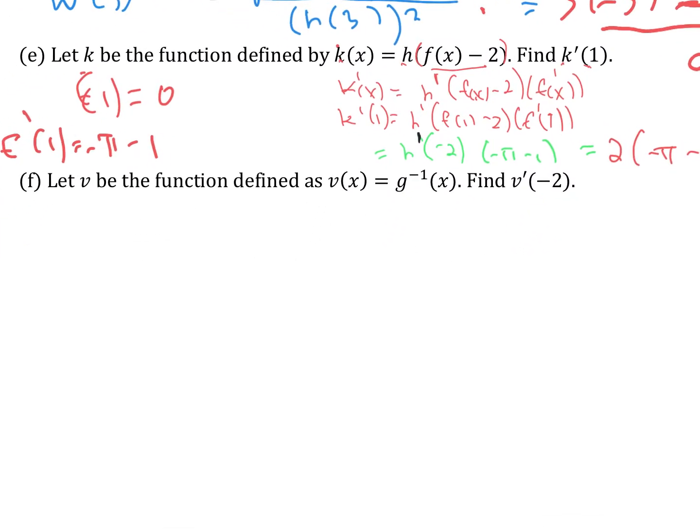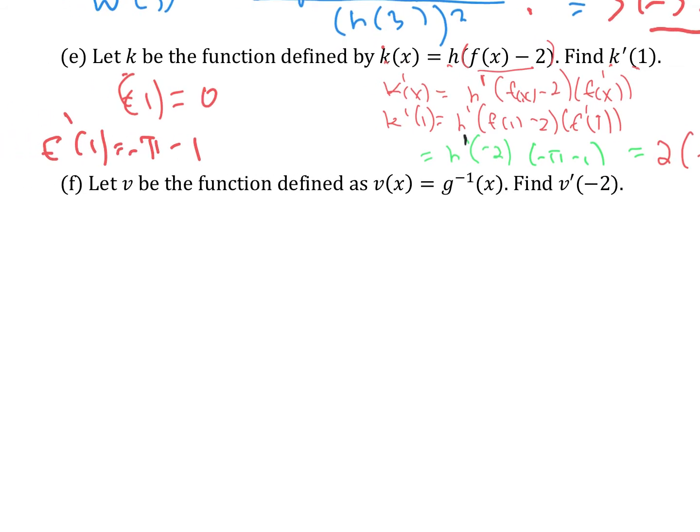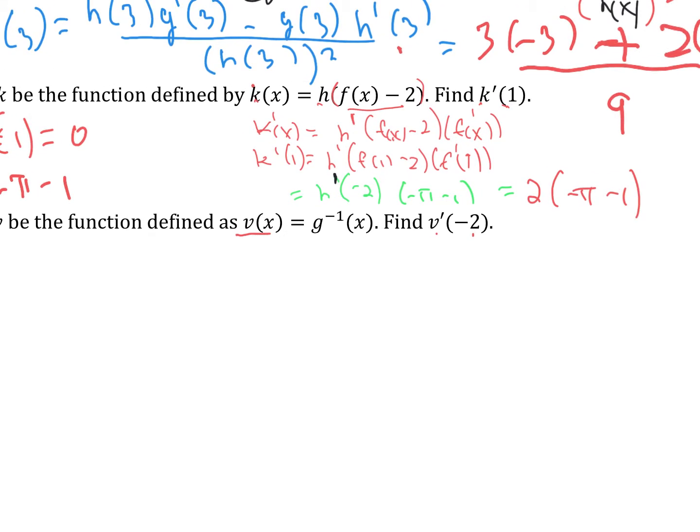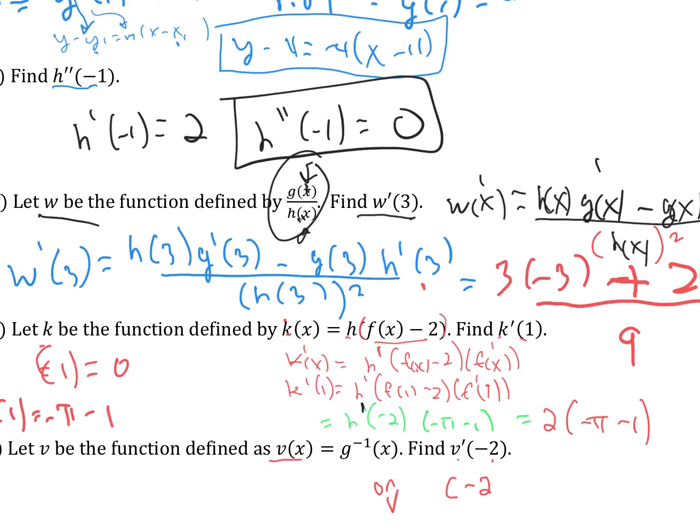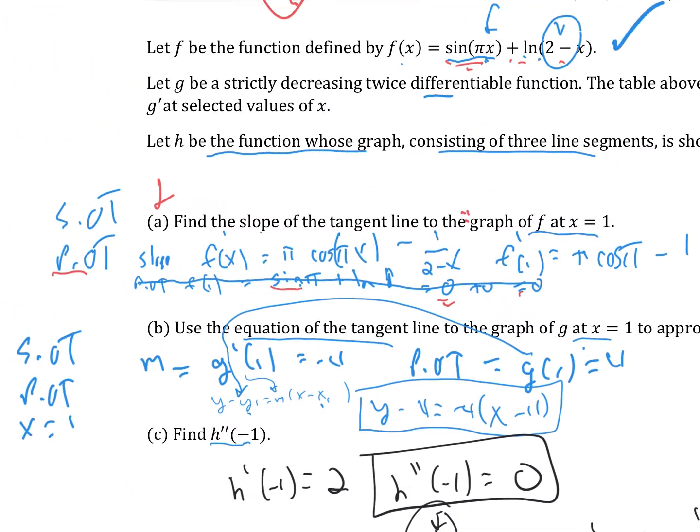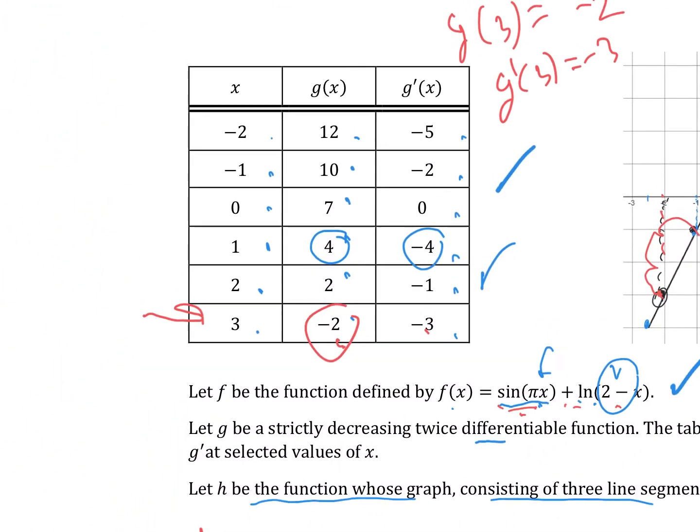All right, last part. V of x is another function, the inverse of g. Find v at negative 2. Well, the derivative of v. So if we're looking at negative 2 of v, that ordered pair was related to g, so up to the g graph.